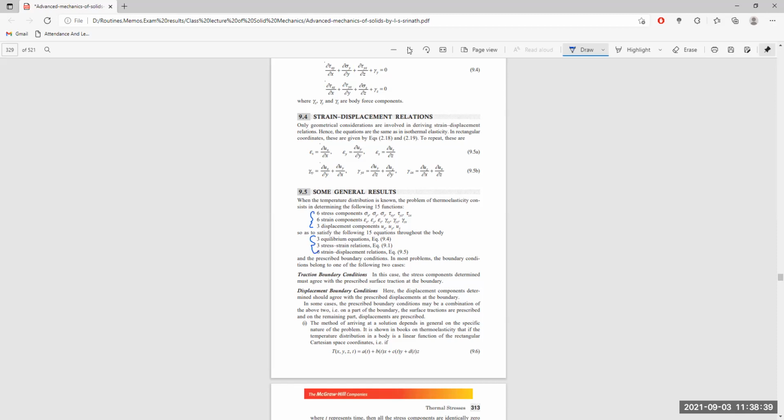In most problems, the boundary conditions belong to the following 2 cases only. The traction boundary condition is the first. What is traction? Traction is the force or frictional result that exists at the boundary of certain surfaces.